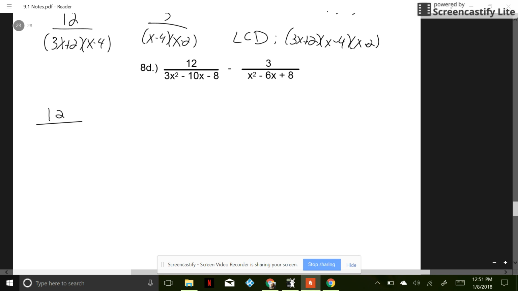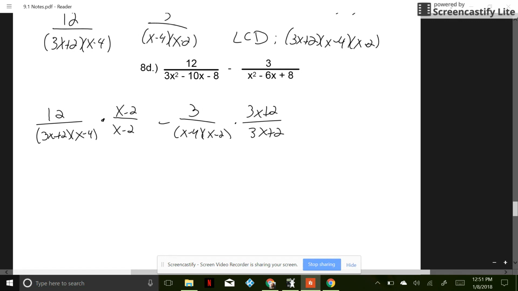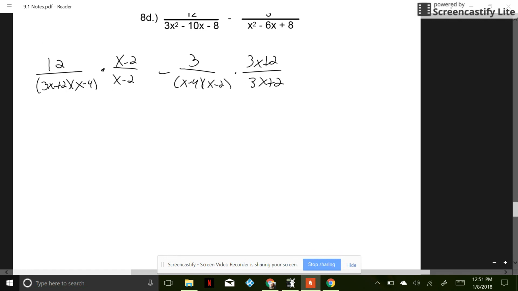So we've got the 12 over 3x plus 2, x minus 4. So we're missing the x minus 2 piece. So that's why we multiply there. Minus 3 over x minus 4, x minus 2. So that denominator is missing the 3x plus 2 piece. So when we distribute the 12, we'll end up with 12x minus 24.